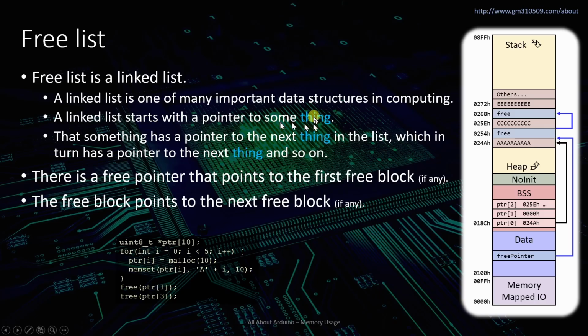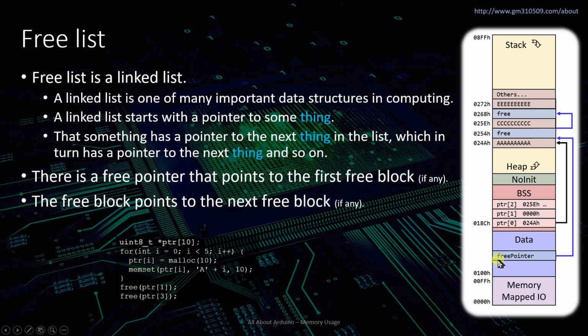It starts with a pointer to some thing, and then the thing that first thing is pointing to also has a pointer to the next thing in the list, which in turn has a pointer to the next thing if there are more things, and so on. And there's a free pointer that points to the first block, if any, and then each free block points to the next, if any. So that's indicated by this diagram.